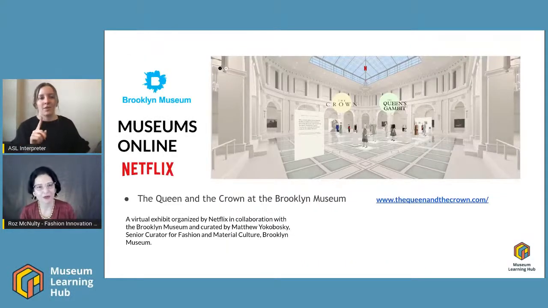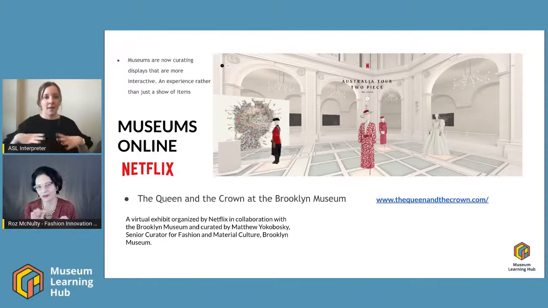This is really quite fantastic, and it's actually done by the Brooklyn Museum and Netflix. So for the series The Queen and the Crown in the Brooklyn Museum, they did a virtual exhibit. They've managed to meld a 2D, 3D effect to the point you can go to the website, enter the museum, and then do a pretend zoom up to the garment.